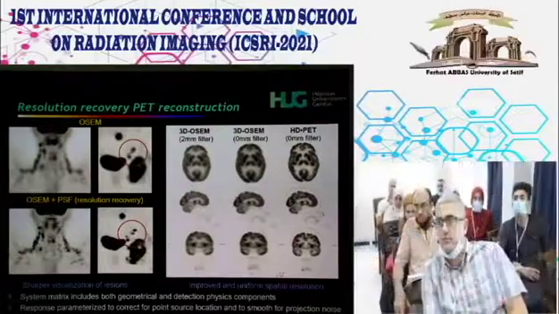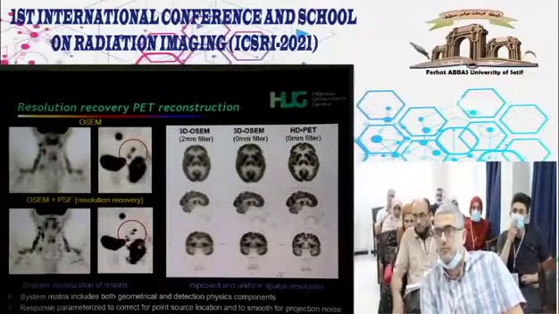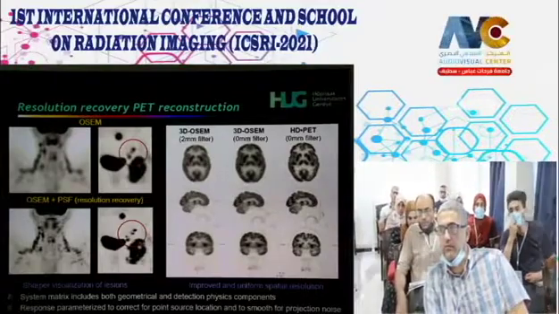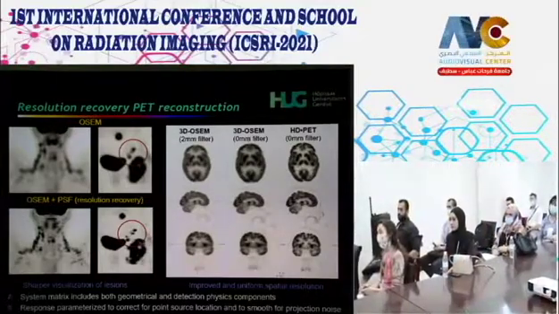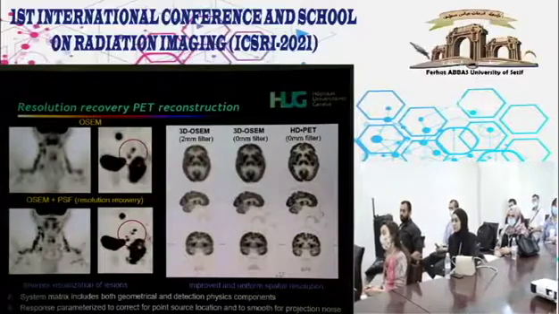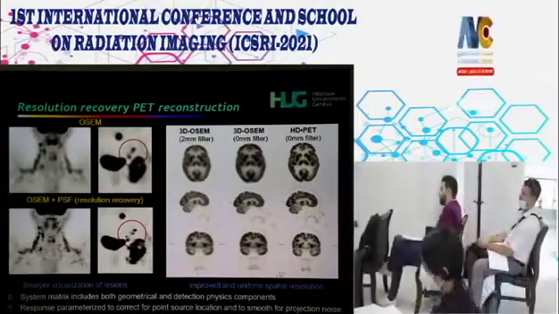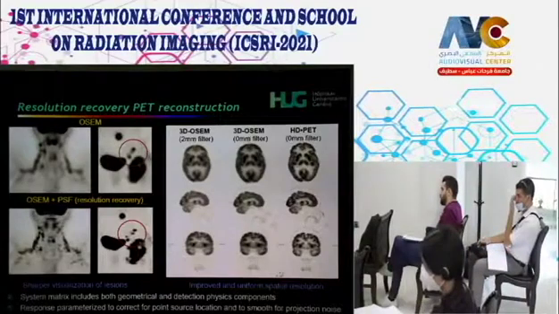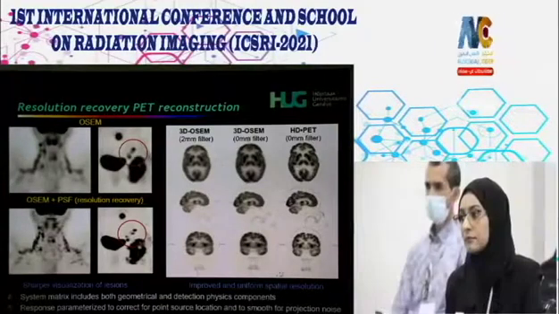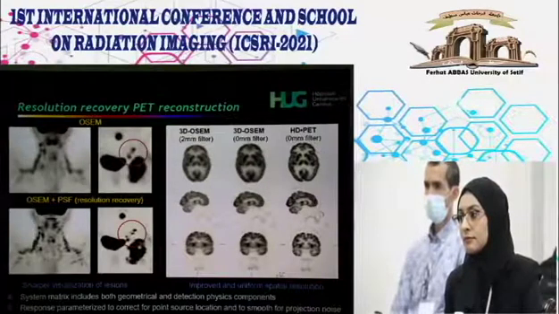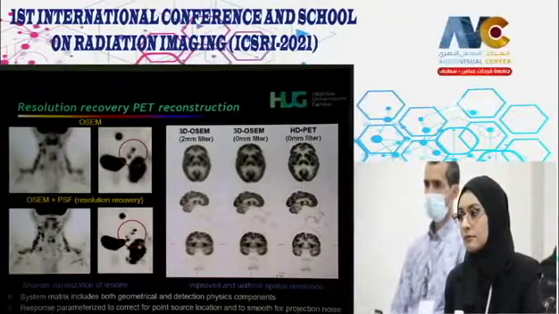So we use this resolution recovery reconstruction, basically by incorporating some prior knowledge about the geometry of the system. For instance, we can measure multiple point sources at different positions within the field of view and use those estimated spatial resolutions at multiple positions during the resolution recovery image reconstruction. So this type of technique basically improves the spatial resolution.